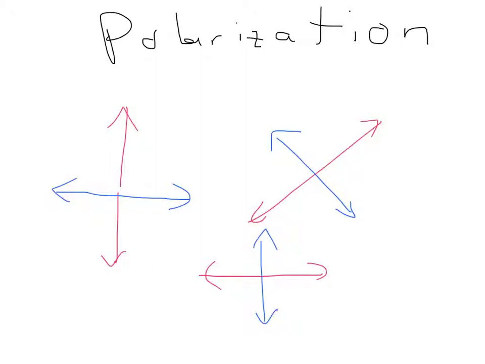So what happens in polarization is you have some sort of a device that acts kind of like a filter. You can almost think of it as something, I'm going to draw it as slits, though it's not exactly slits, but it's something that will only allow light with a certain orientation of its electric field to pass through, or light that has a component of that orientation of its electric field to pass through.